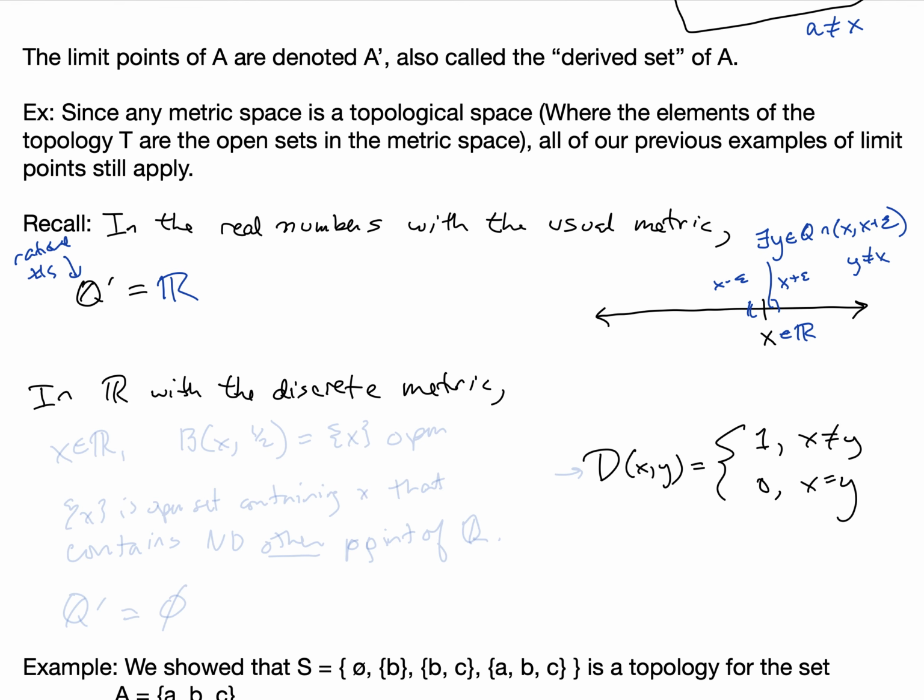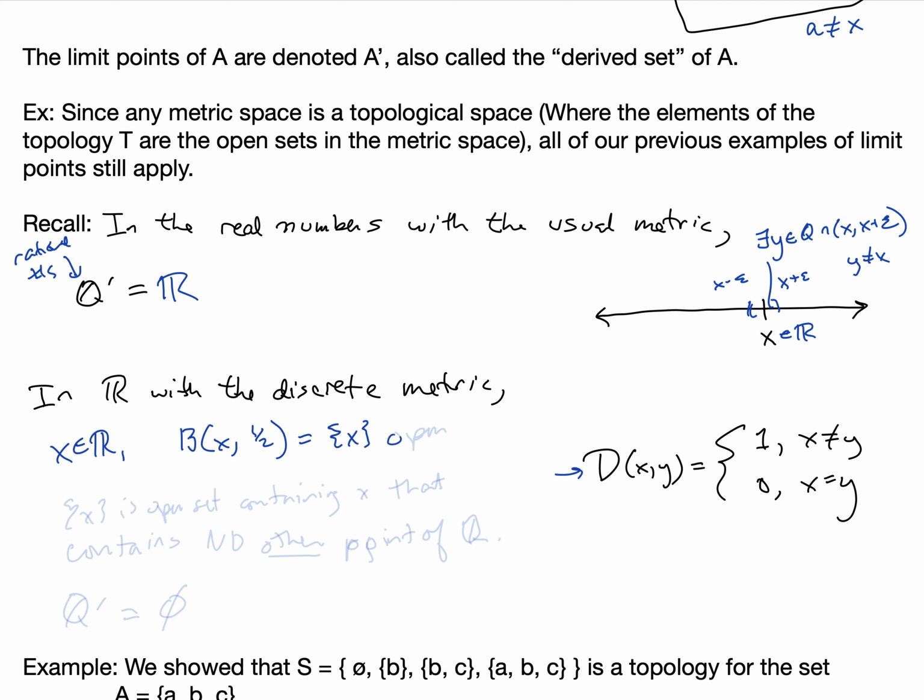Whereas if we look at the real numbers with the discrete metric, we recall that the discrete metric defines the distance between two points as 1 if the points are not equal or 0 if the points are equal. So for any x in the real numbers, the ball centered at x of radius, say, 1/2, contains only the point x.